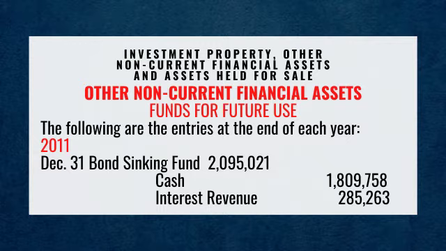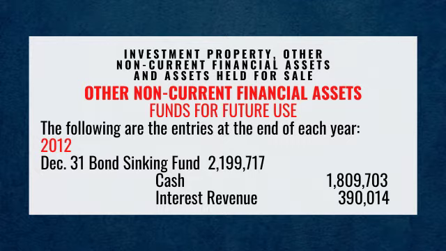2,095,021 pesos. Credit cash for 1,809,758 pesos. And credit interest revenue for 285,263 pesos. Year 2012, December 31st, debit bond sinking fund for 2,199,717 pesos.